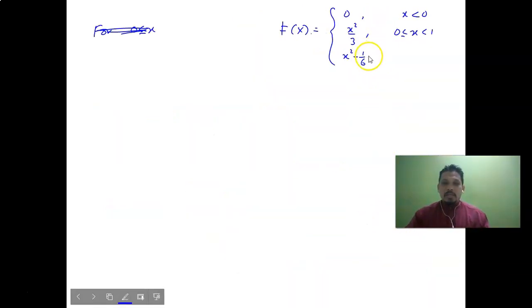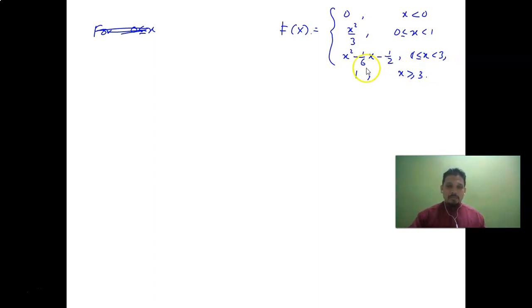So we write this in the proper form: x squared minus 1 over 6 x minus 1 over 2 for x between 1 and 3, and then 1 for x greater than or equal to 3.